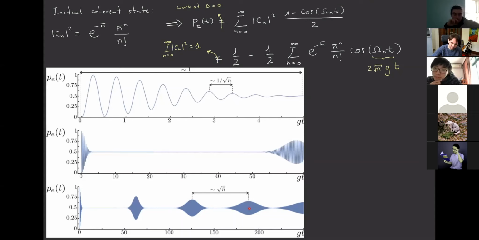The periodicity goes with a time scale that is proportional to the photon number of the coherent state. So this kind of behavior is what we find when we start from a coherent state initially, with the atom in the ground state, and we ask what is the probability of being excited. So let me just summarize, writing it. We have Rabi oscillations.